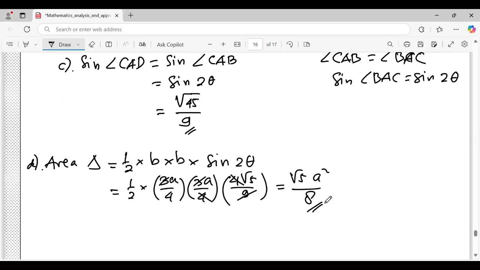So the area is square root 5 A squared over 8.